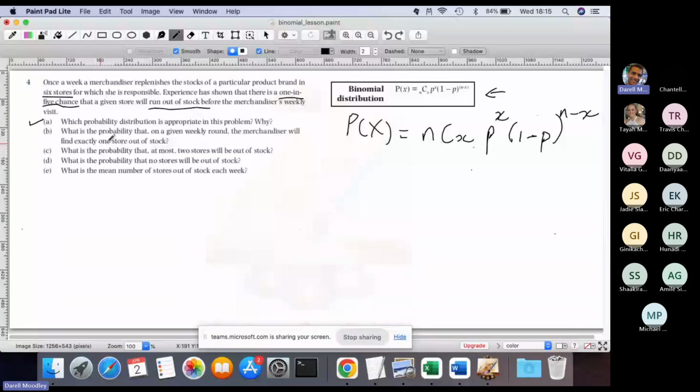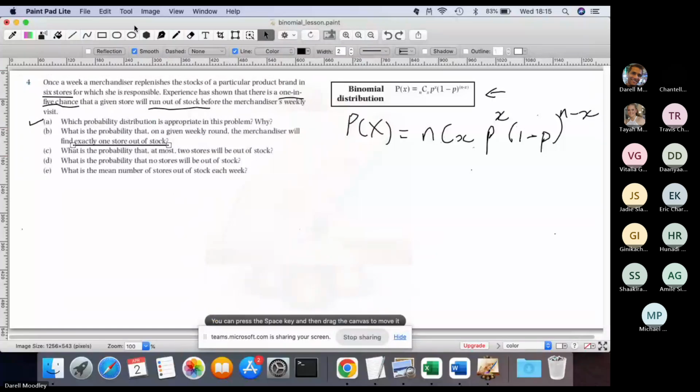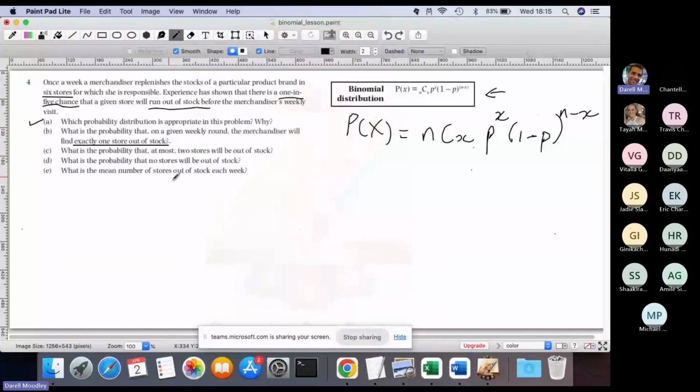Now the question says, what is the probability that on any given weekly round, the merchandiser will find exactly one store out of stock? Okay, so I'm going to underline something there. Remember what we said.